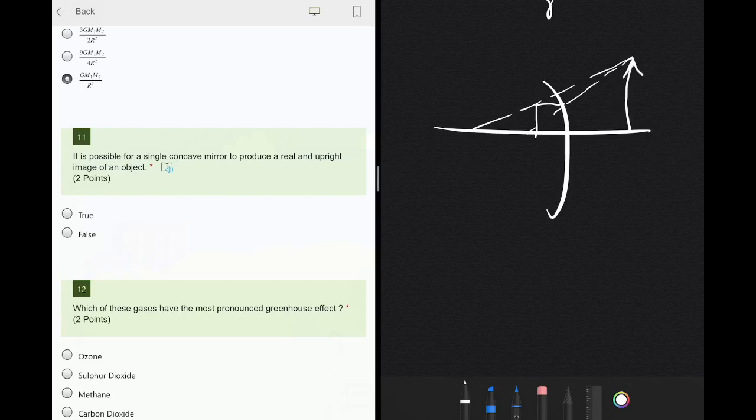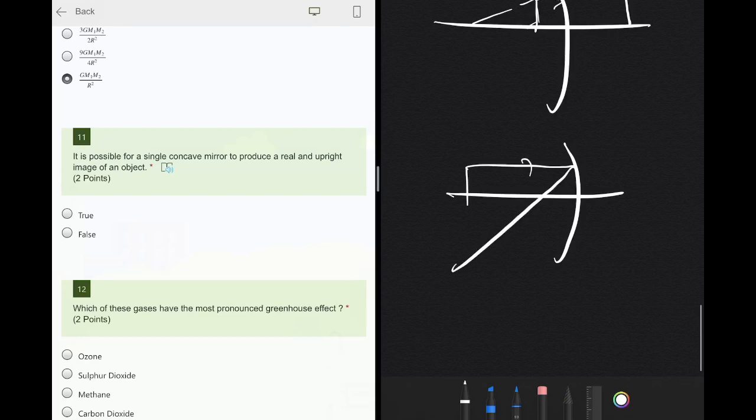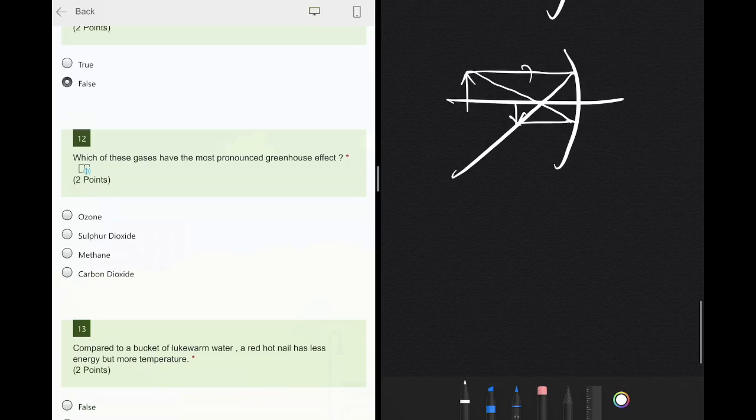For any other position, that is when the object is further away from the mirror, the images are going to be all real. Like for example, if the object was here, then you would have a real image, but it would be inverted. So can a single concave mirror produce a real and upright image? No, it will not be able to do that. So it's false.